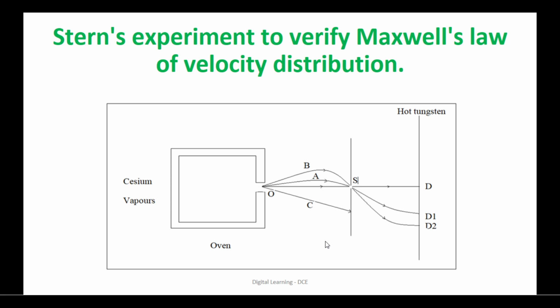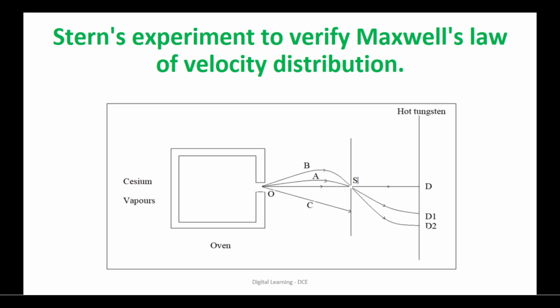The next part is the experiment conducted in the presence of gravitational field. In this case, the cesium atoms describe a parabolic path instead of straight line motion.